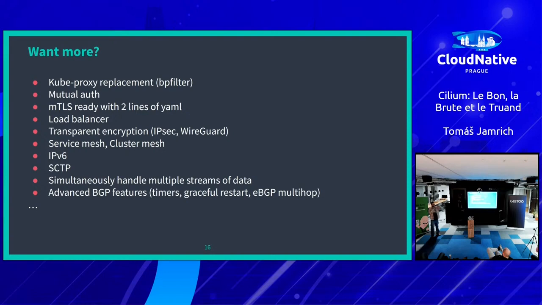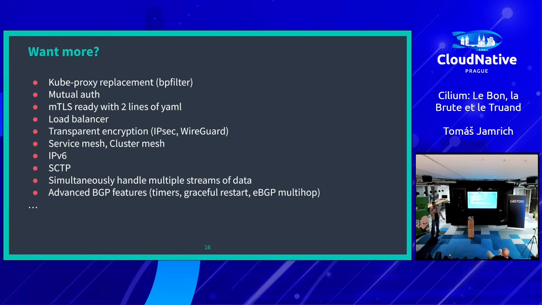Next we have mutual authentication, which you would probably expect when we are talking about the kernel level. If you want to switch on mTLS between your pods, it's like two lines of YAML, so it's pretty doable, I think. Cilium offers load balancing, transparent encryption with IPsec or WireGuard technology, whichever you choose. They offer service mesh, cluster mesh.